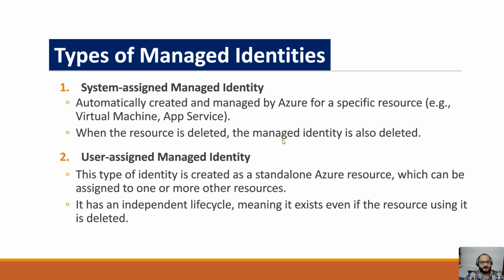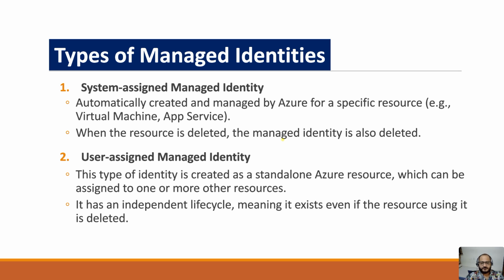Let's see the types of managed identities. There are two kinds of managed identity which Microsoft provides. The very first is system assigned managed identity. For example, I have created a virtual machine, and from inside the virtual machine I have enabled the system assigned managed identity option. Then the rotation of your tokens or secrets, everything, will be performed by Microsoft.